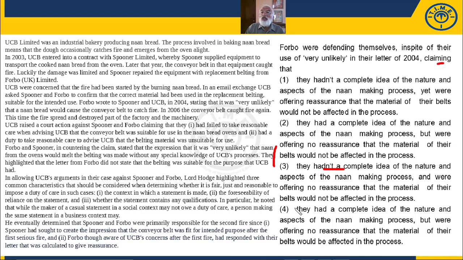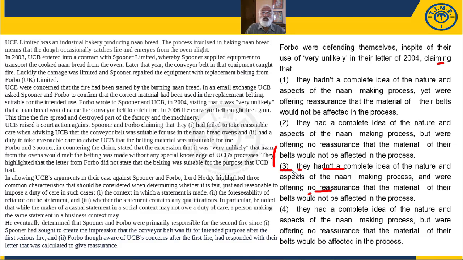So this then is what we're looking at when we say that very unlikely would mean that they did not have any special knowledge, which is the part over here, right? And they did not intend to say it was suitable, which is the part over here, which means 3 then fits the answer that we want. 3 is the answer to what we want. 4 says they had a complete idea of the nature.